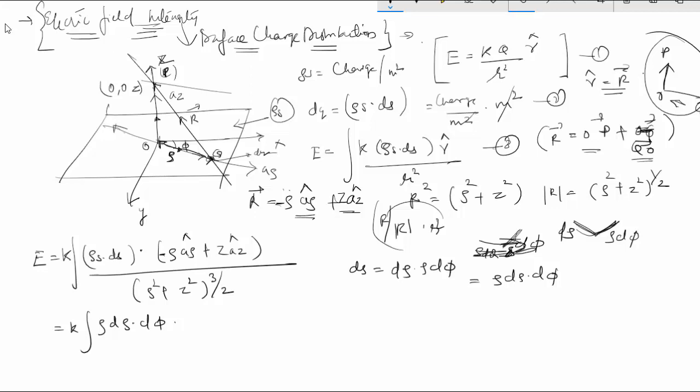So it was like the surface charge density, which you'll have to take as it is, that is rho s, and you have substituted for dS here, and then as it is you are taking it.